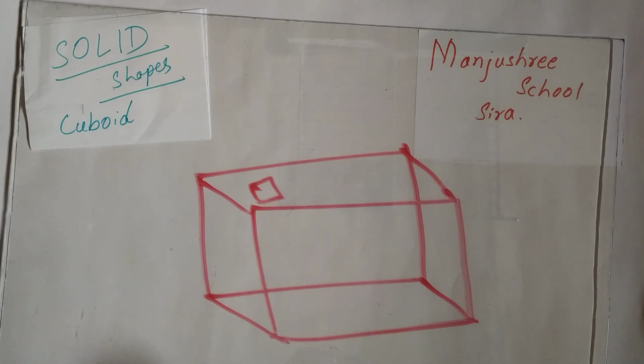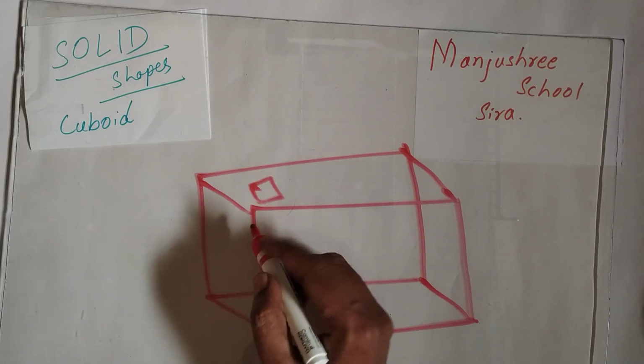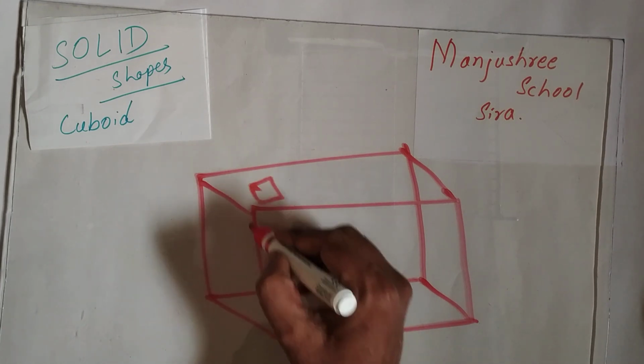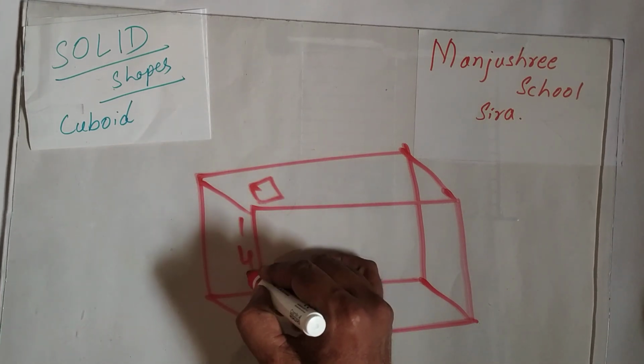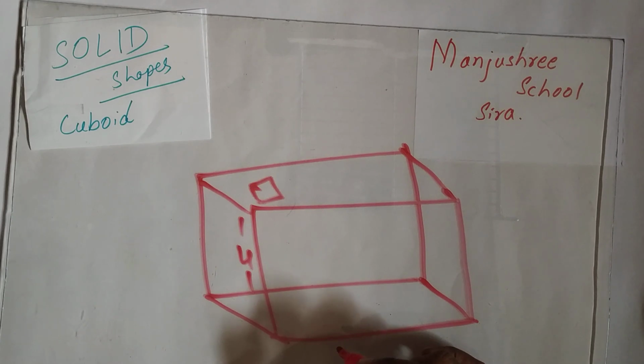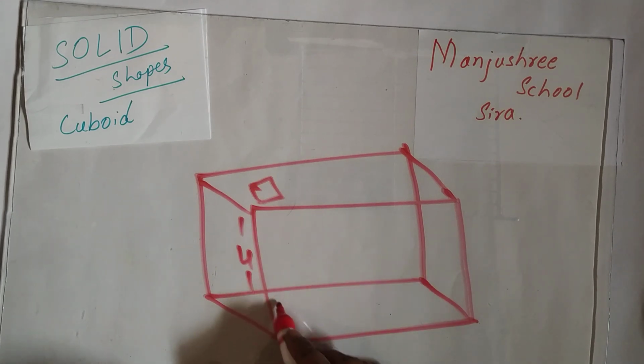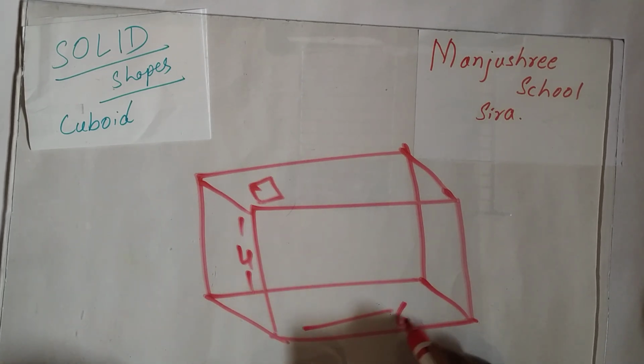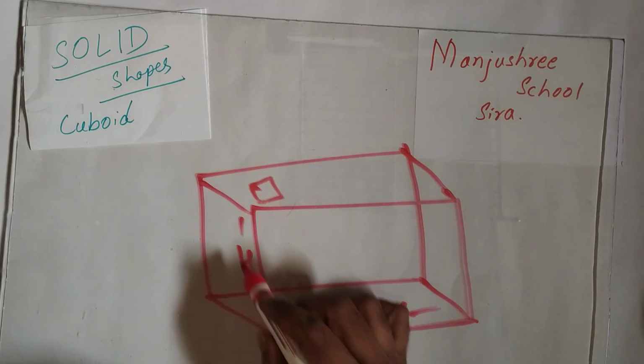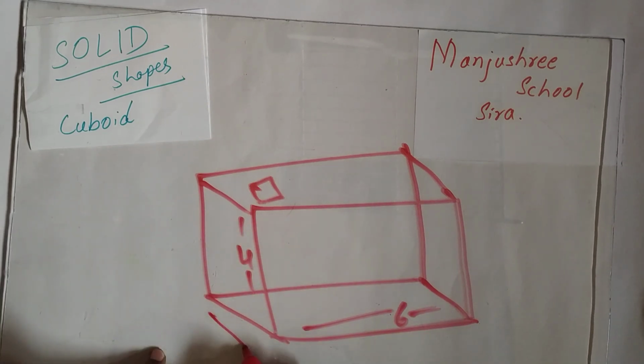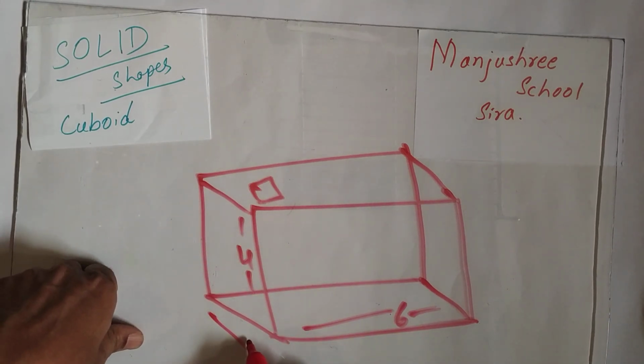How to calculate that? Suppose this is going to be 4 feet height, the length is going to be 6 feet, and the breadth is about 3.